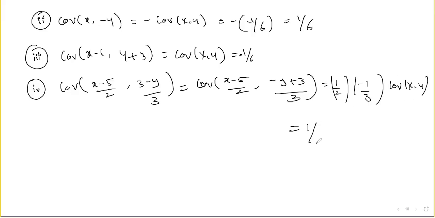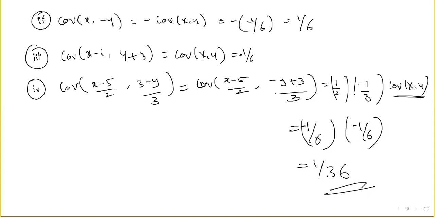This is nothing but minus 1 by 6, and this value is also minus 1 by 6. The final answer is 1 by 36, right? So in this way, we need to solve some different kinds of problems regarding covariance concept.